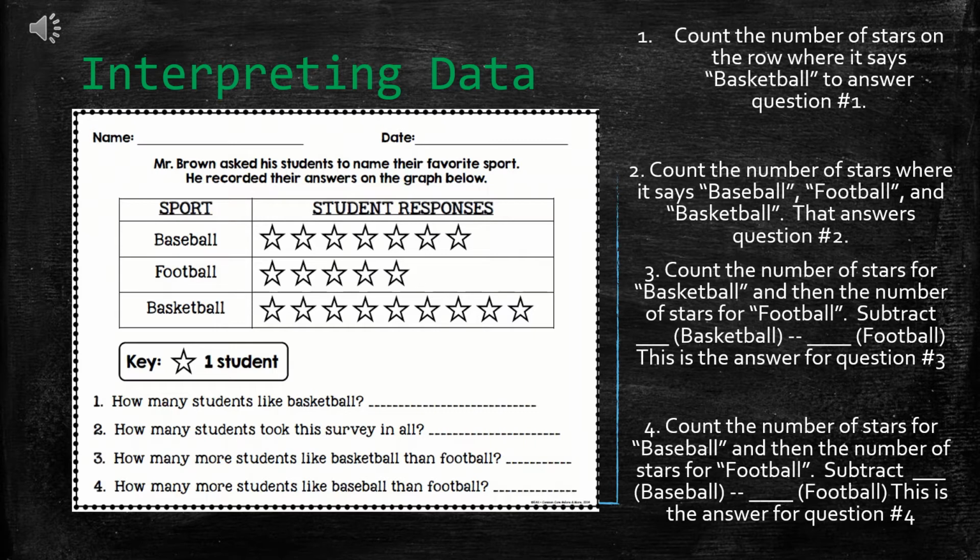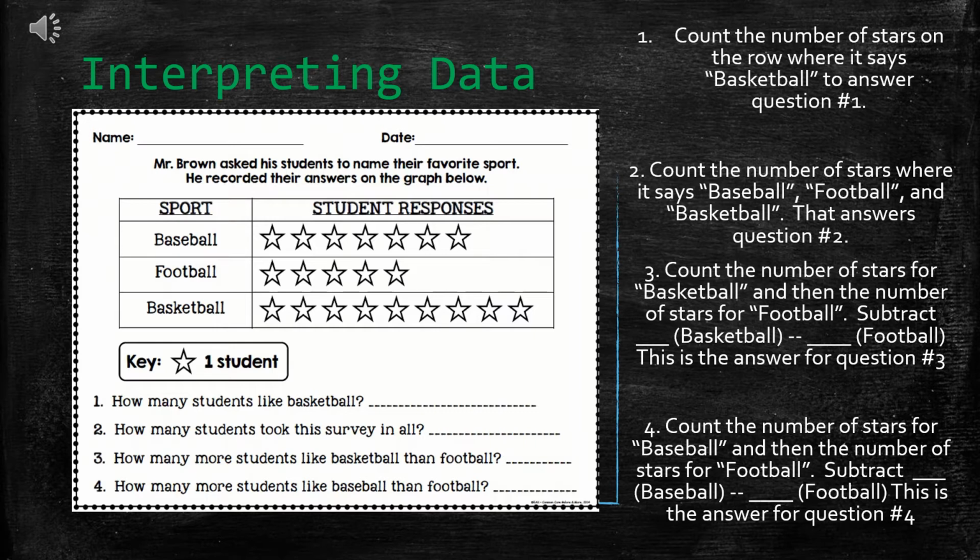And count the number of stars for football. 1, 2, 3, 4, 5. And I'm going to subtract 9 for basketball minus 5 for football gives me a difference of 4. So I'm writing the number 4 for question number 3.